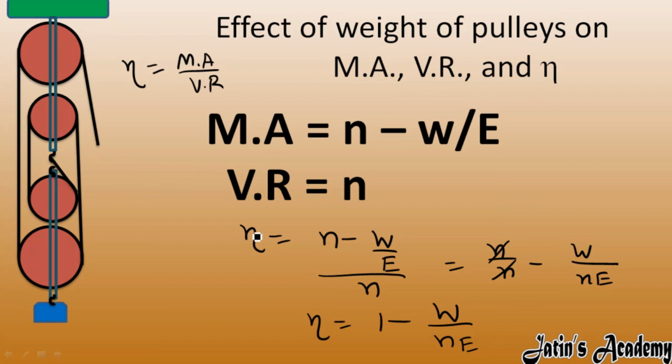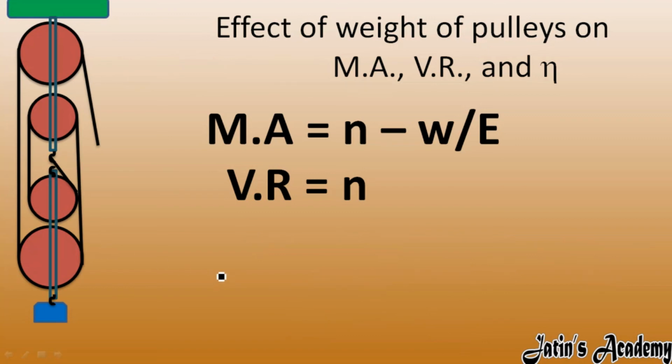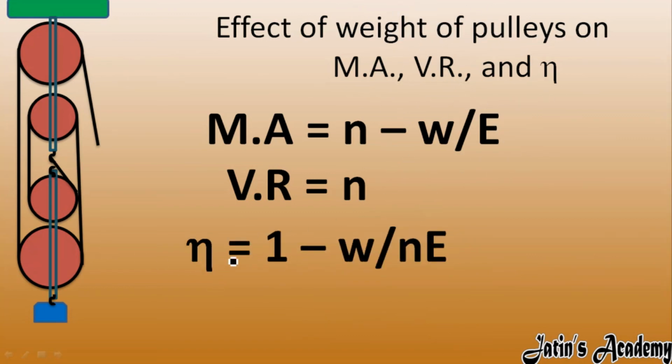Now if you want to increase the efficiency, how will you increase the value of efficiency? Just by decreasing the weight of the pulley. So in order to increase the efficiency of the pulley, you have to take the pulleys as light as possible. Clear? So here we have efficiency is 1 minus weight of these movable pulleys over number of pulleys into effort.